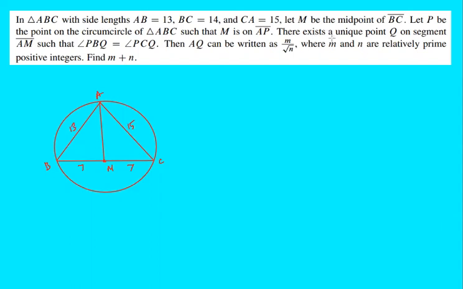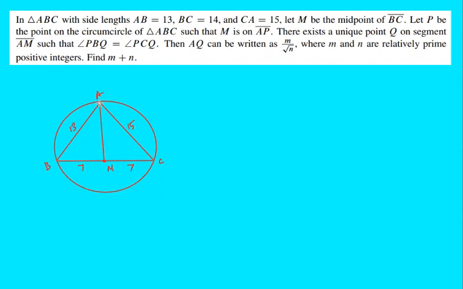And then there exists a unique point Q on segment AM. Okay, there is a point Q on this segment such that the angle PBQ, okay, where is P? P is the point on the circumcircle of ABC, such that M is on AP.